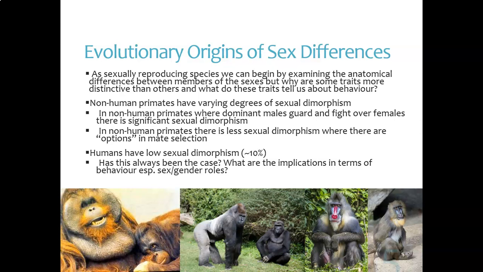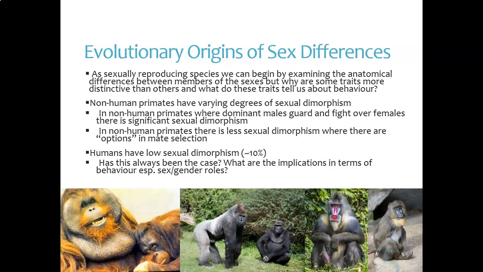And so let's look at primates, and let's look at sexual dimorphism in other primates. And what are some of the things that we see? Well, non-human primates have varying degrees of sexual dimorphism. So humans, we have a relatively low sexual dimorphism. Basically, there's only about a 10% difference in the anatomy of males versus females, usually in terms of size and stature.